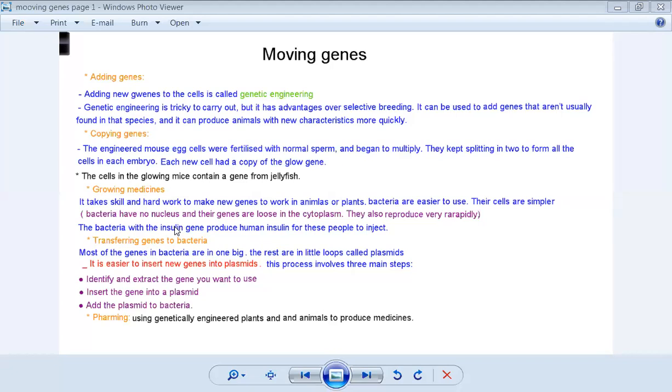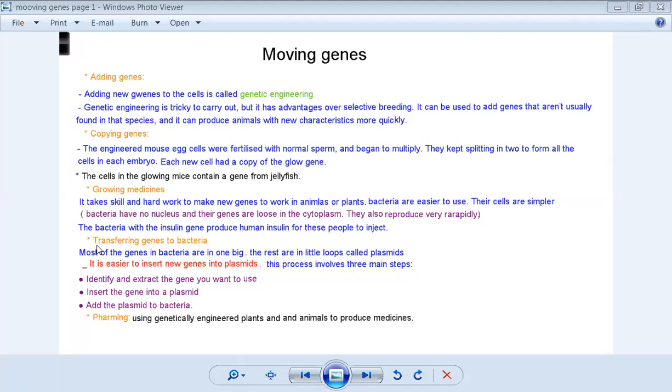Can you tell me anything about reproduction? How can they reproduce themselves? By splitting, right? Splitting themselves in two parts.